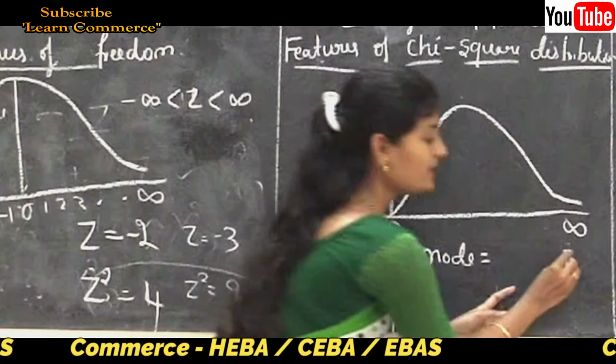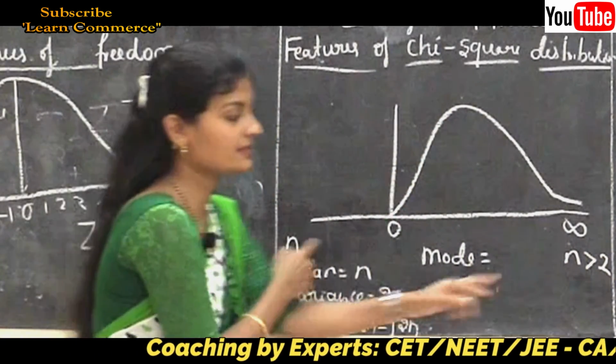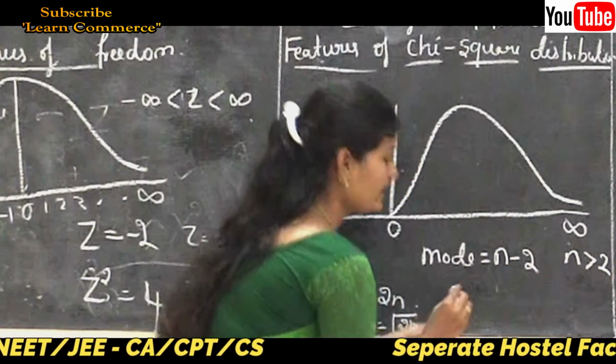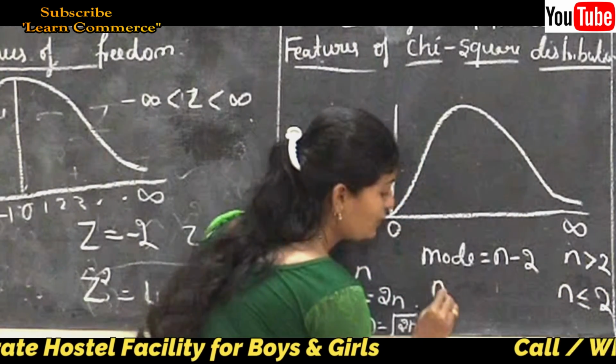See, if n is greater than 2, then mode is n minus 2. If n is less than or equal to 2, then mode is equal to 0.